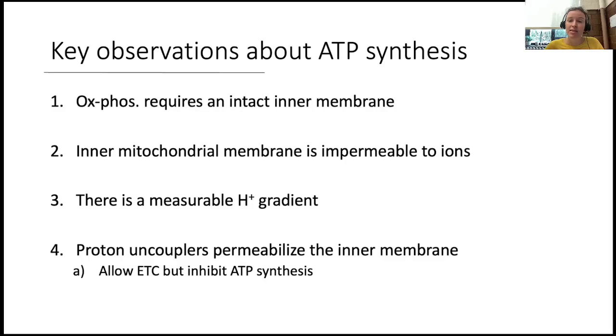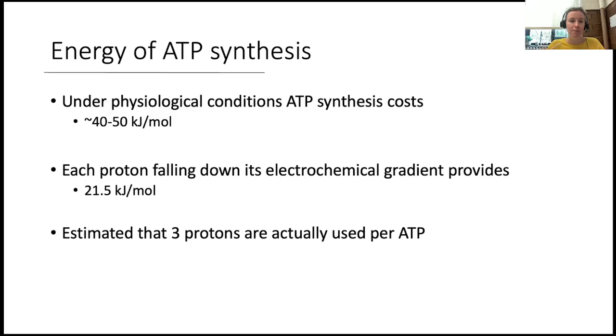And they noticed that small molecules called uncouplers permeabilize the inner membrane. And when this happens, the electron transport chain works fine, but ATP synthesis stops. So these are some key observations that informed what we know about ATP synthase today.